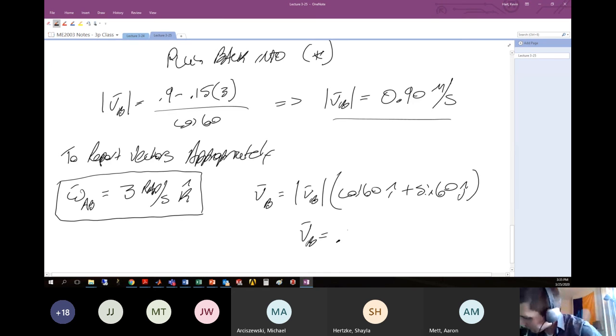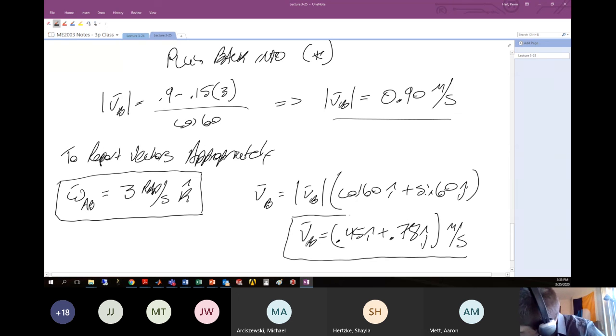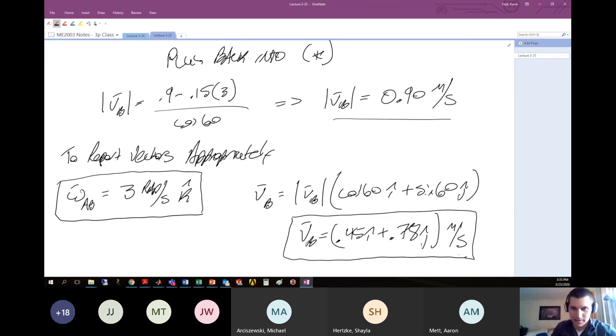Good job, me. 0.45 I hat plus 0.78 j hat, and this will be meters per second. Okay, so now we've defined magnitude and direction for our velocity vector. All right, so here now we've defined the angular velocity vector and the velocity at point B appropriately using vector notation.